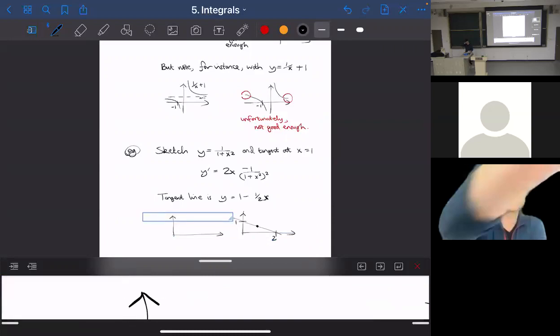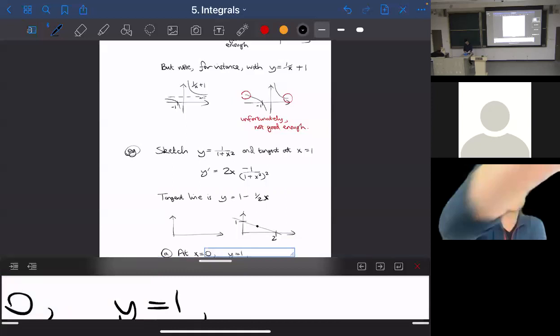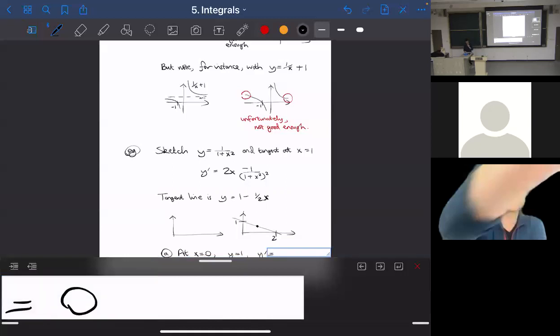So how do we sketch it? Well, I think the best way to think about it is to combine 2 points. Let's call them A, that at x equals 0, y equals 1, and y prime, well, we can see equals 0.